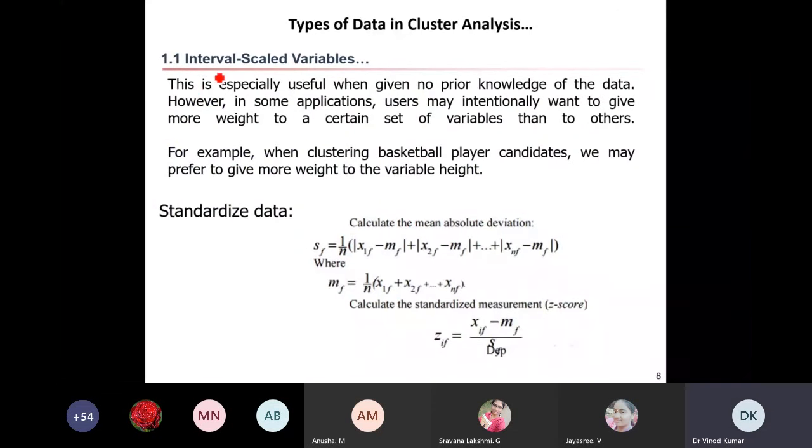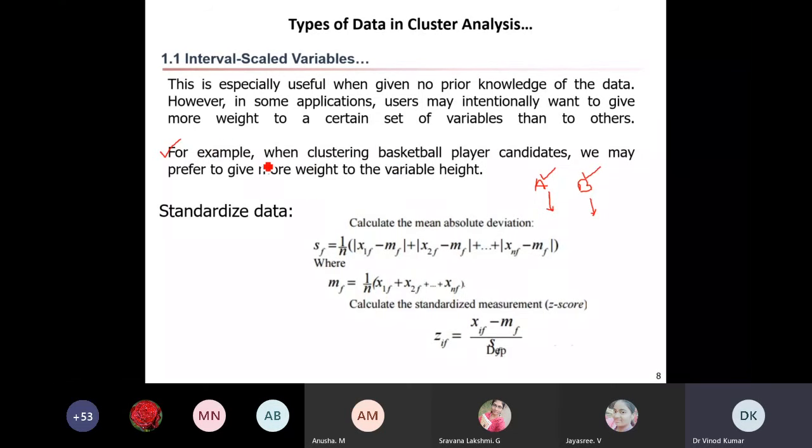Next, in interval-scaled variables, how is standardization done? But one thing you also need to know is that standardization is not applicable in all cases. Suppose we have variable A and variable B, and I want to give more importance to A compared to B. Then don't do any standardization; just use any unit that gives more importance to one variable.